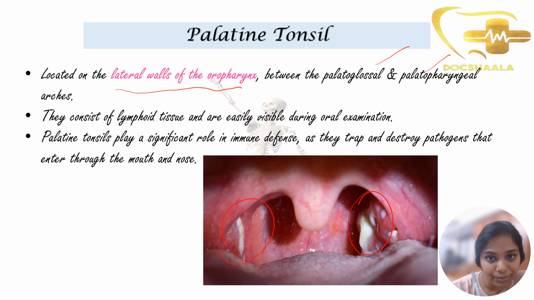So these consist of what? Lymphoid tissue. So it is easily visible during the oral examination. So they play a significant role in immune defense. Okay, they trap and destroy pathogens which are going into the alimentary tract through nose and mouth. Okay, so this is what a palatine tonsil is.